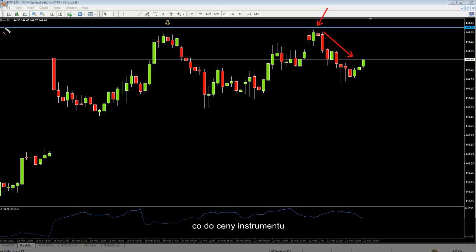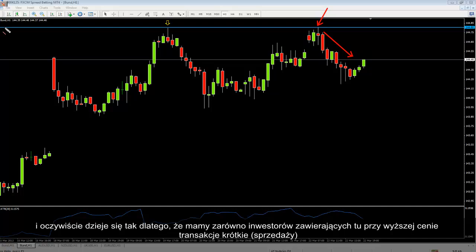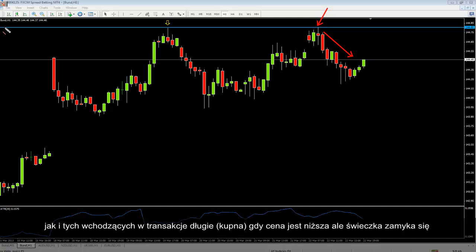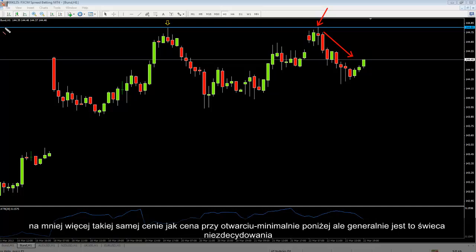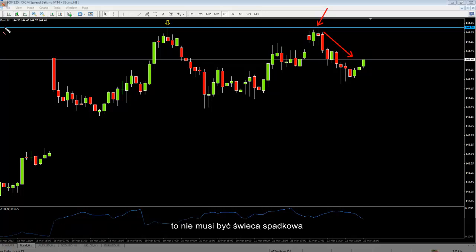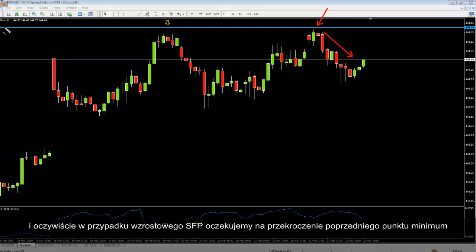Obviously that's because we get some sellers coming in at the highs, some buyers coming in at the lows, but the market closes the hour out at around the same price that it opened, slightly negative. It's generally an indecisive candlestick. It doesn't need to be a bearish candlestick up there. All it needs to do is break a former high and close below for it to be a swing failure. And obviously a bullish swing failure would be to break a prior swing low and close above, and we would look for the market to rally.